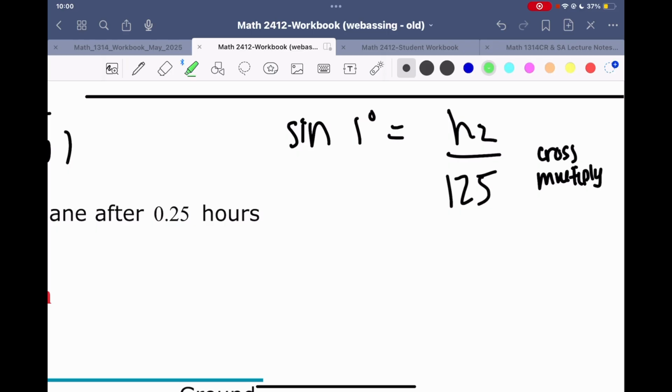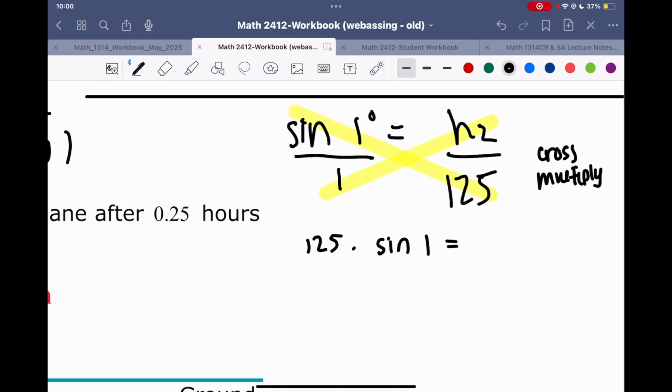So what I mean by cross multiply, we're going to take the sine 1 times 125 and then multiply it by whatever H2 is multiplied by. In this case, it's going to be 1. So we're going to have 125 times sine 1 equals H2.